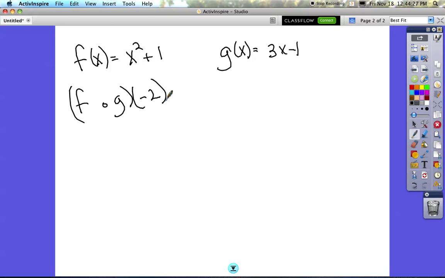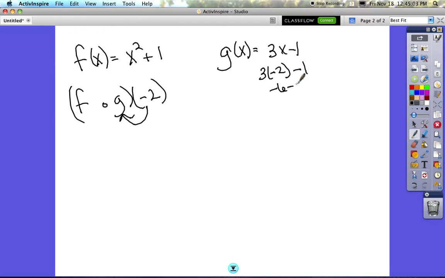Okay. Give you a minute to write it down. Okay, we're starting with what is our x? Negative 2. It's going to go into the g. So negative 2 into the g would be 3 times negative 2 minus 1.